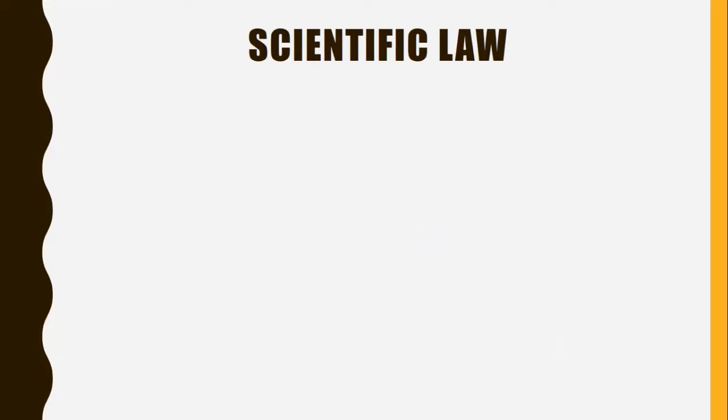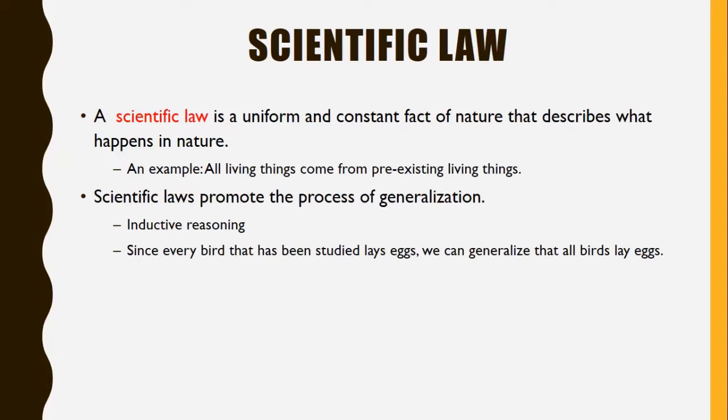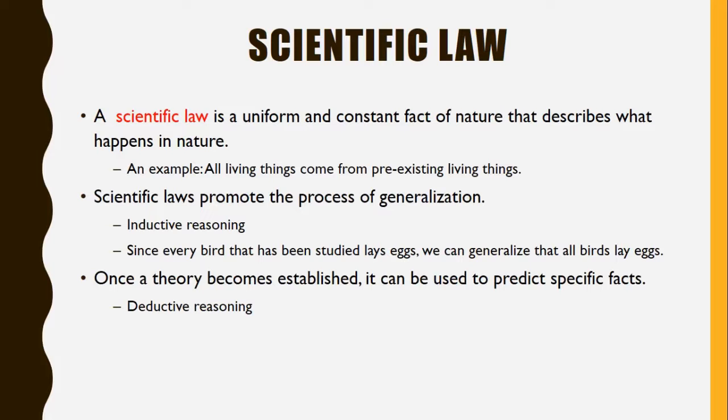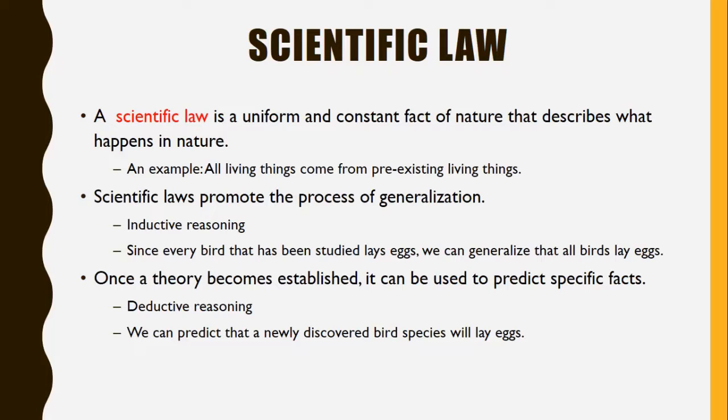So everything starts right there. And then once a theory is consistent, it becomes a law. If you were in my chem class, you would have learned about the law of conservation of mass. It says that no matter what, the group of elements on the product side is going to stay the same as the reactant side.